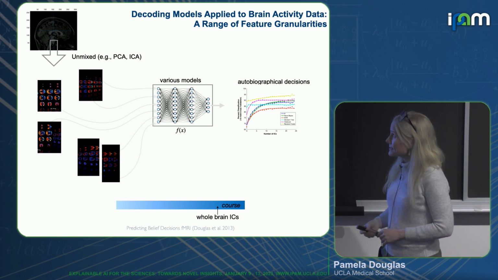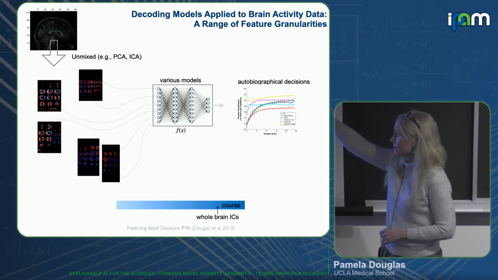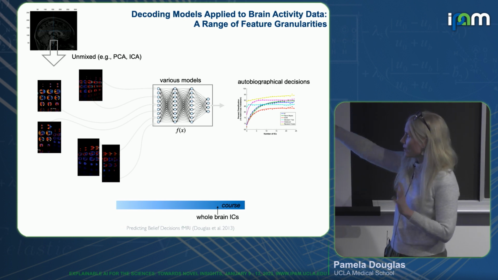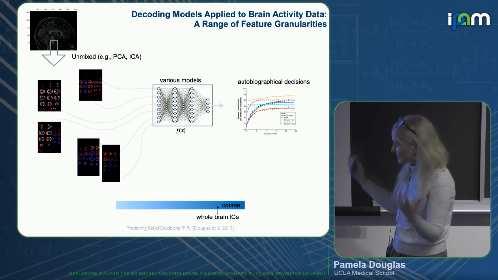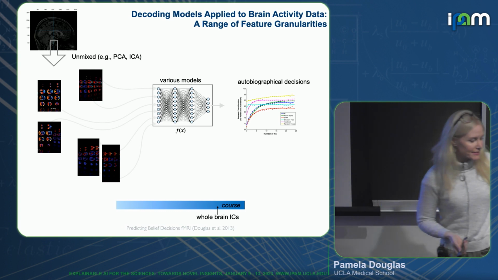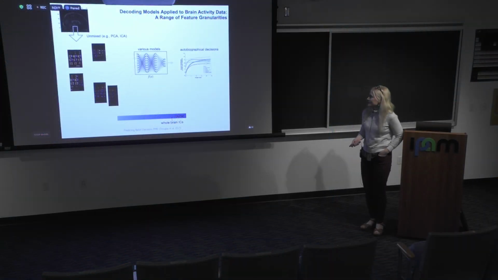So in this case, PCA or ICA can be used and just applied on your input data, and then you can perform learning on those, either the spatial maps or the time series, and then make some nice autobiographical decisions.